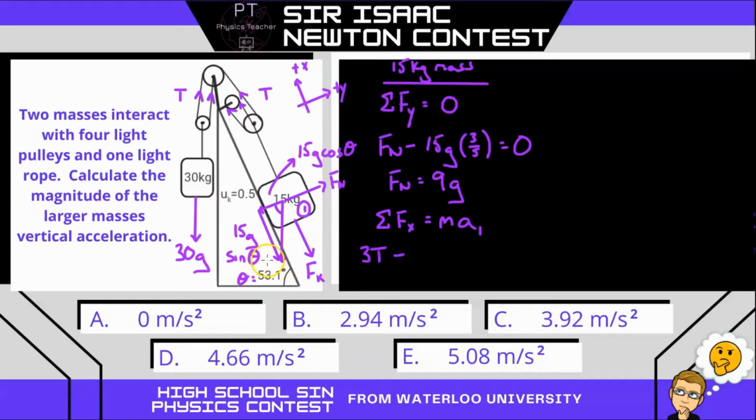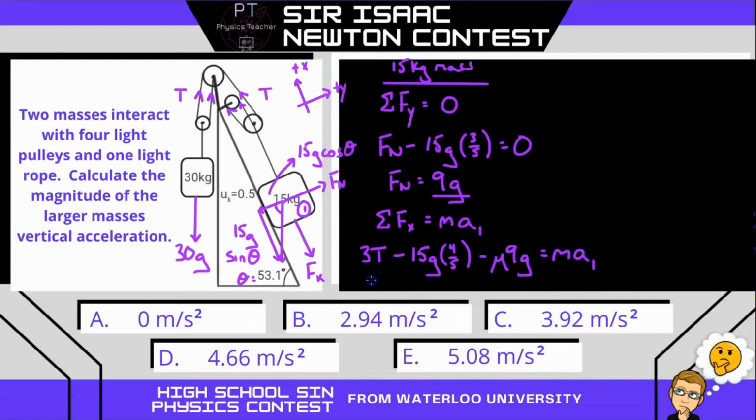And then minus this component of gravity, which is 15g, and the sine of 53.1 is actually 4/5, so 4/5. And then minus our kinetic friction, which is mu times Fn, where we know Fn is 9g. And that'll equal mass times that acceleration.